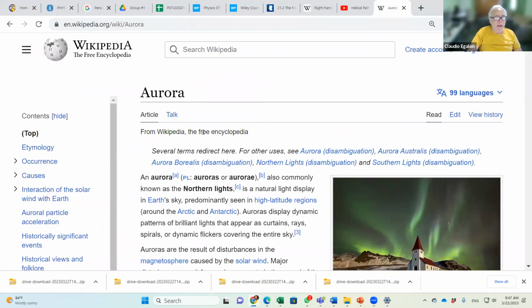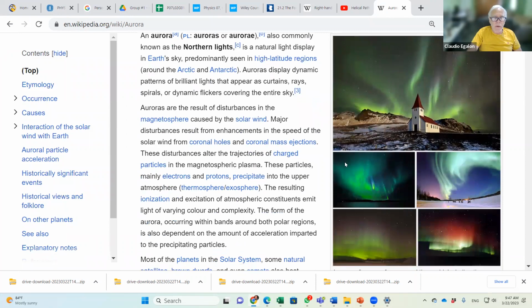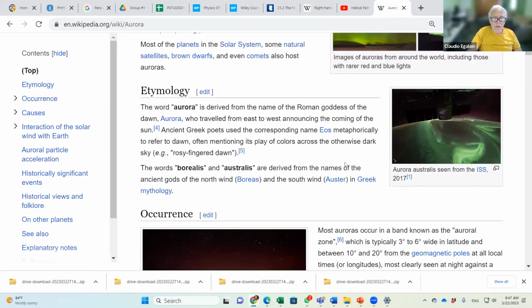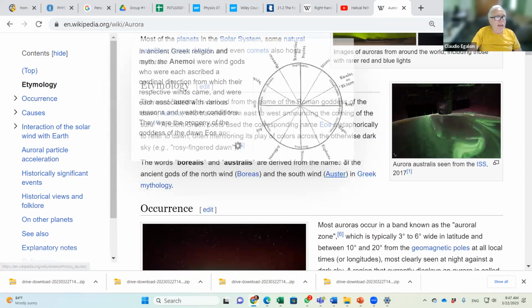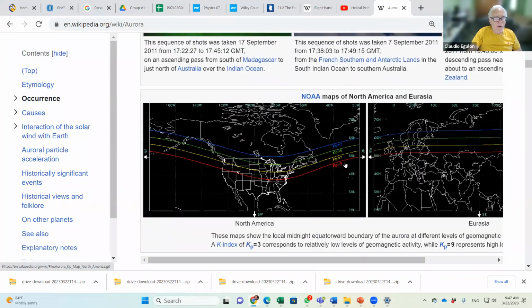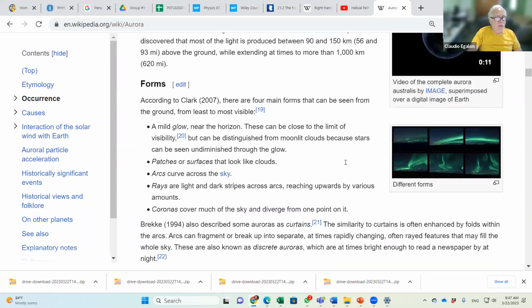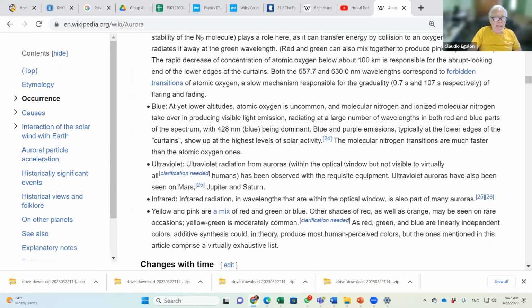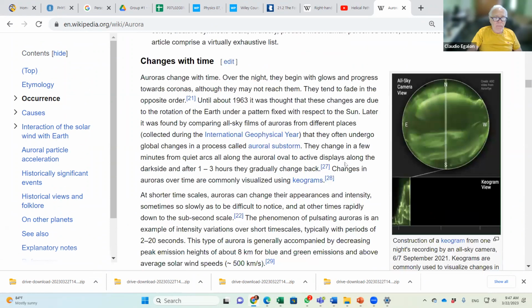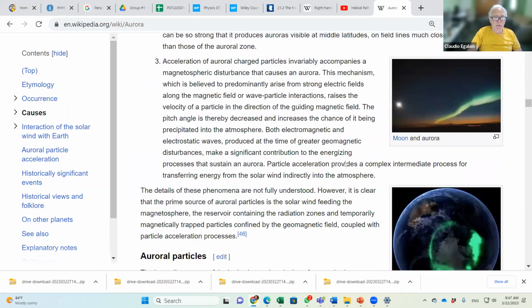There are the northern lights, and then there are the southern lights. How do they occur? As you see, they have an illustration here. It has all to do with the motion of charged particles at the high altitudes in the atmosphere. So the displays that we see have to do with that.